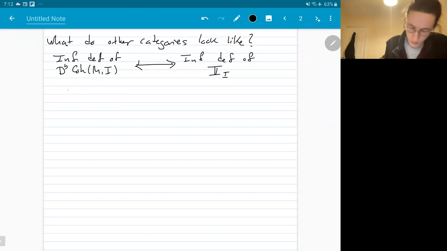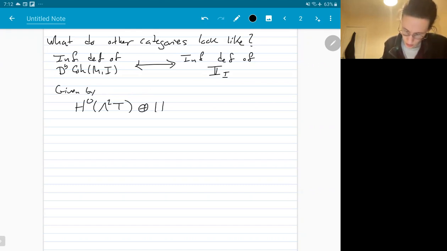In both cases, they're given by the following sum of cohomology groups. It consists of three terms: global H0 of wedge 2 of T, the tangent bundle, plus H1 of T and H2 of O.